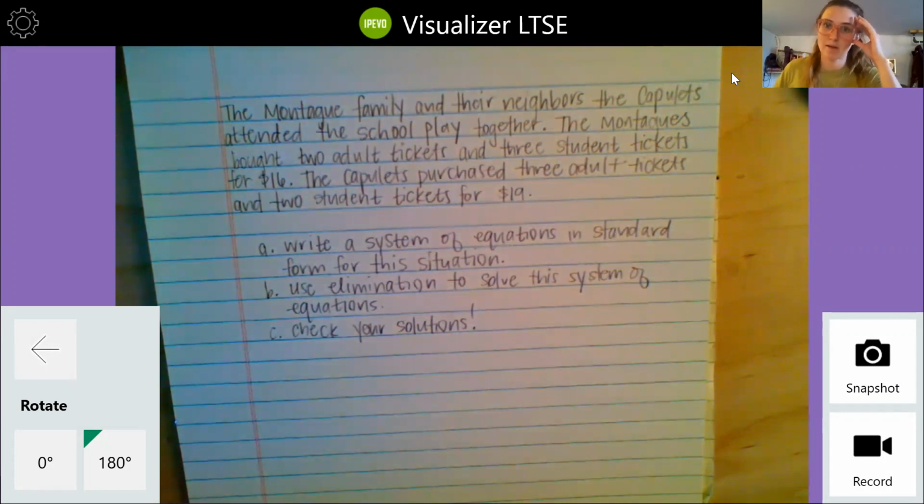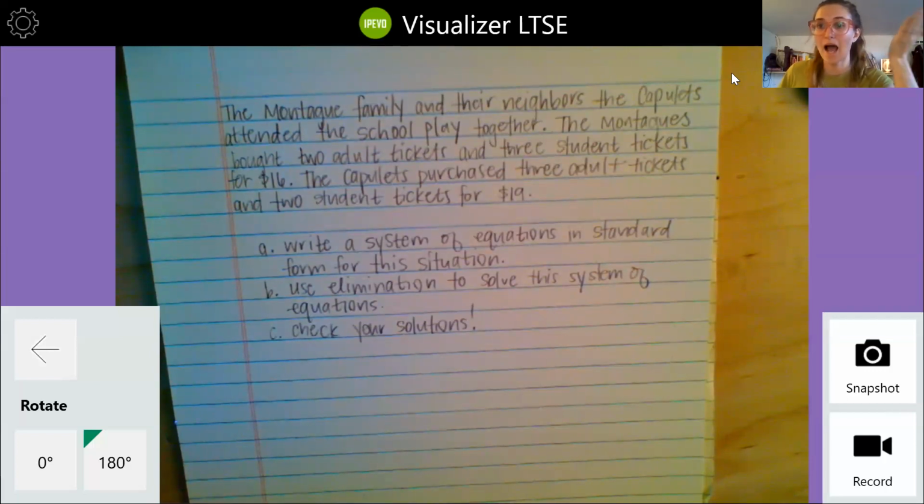The Montague family and their neighbors, the Capulets, attended the school play together. The Montagues bought 2 adult tickets and 3 student tickets for $16. The Capulets purchased 3 adult tickets and 2 student tickets for $19.